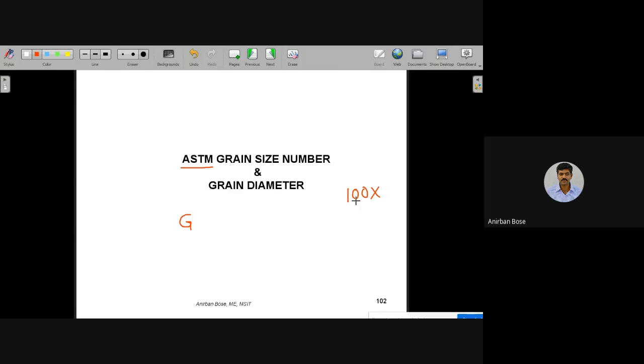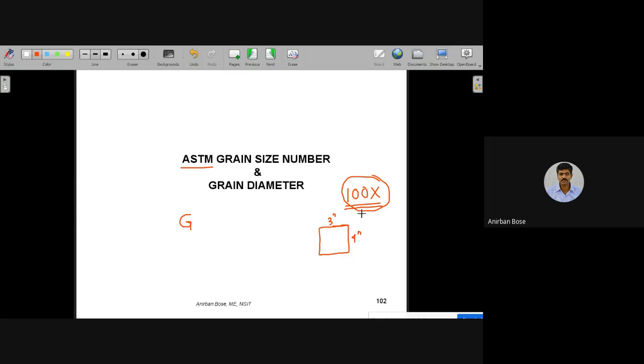Okay, suppose we are using a microscope that magnifies 100 times. If we take some area while looking under the microscope at 100 magnification, and observe a portion, a sample, then in 1 inch square, let us consider this one is 3 inch and this one is 4 inch.